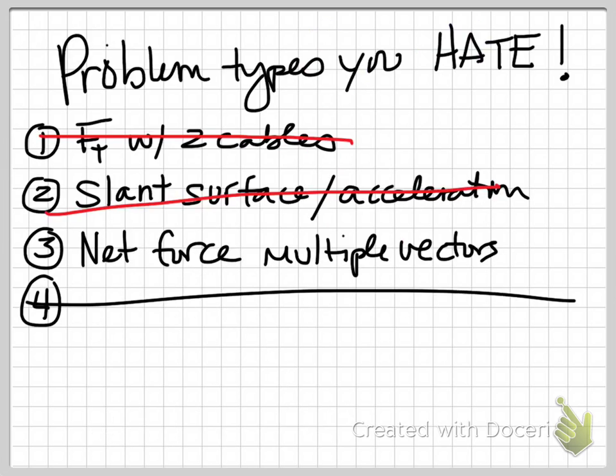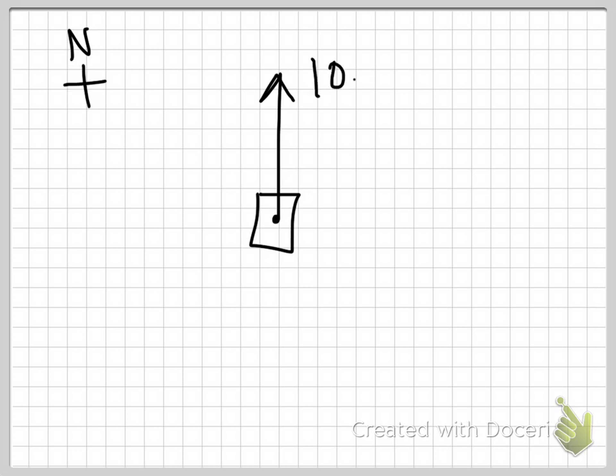Okay. All right, so let's do a net force with multiple vectors, and we'll have time to start one, but we won't have time to finish it, I can guarantee. So let's say we have an object here. We'll make this a north-south-west kind of thing. So we have a force of 10.0 newtons due north.